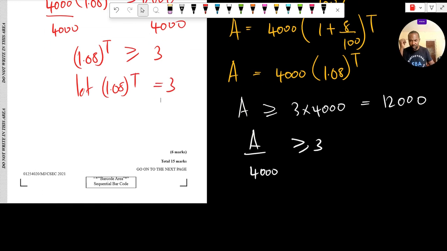Now, how do we go about solving this equation? We have to take logs of both sides. So taking logs, we say log of 1.08 to the power of T is equal to log 3.